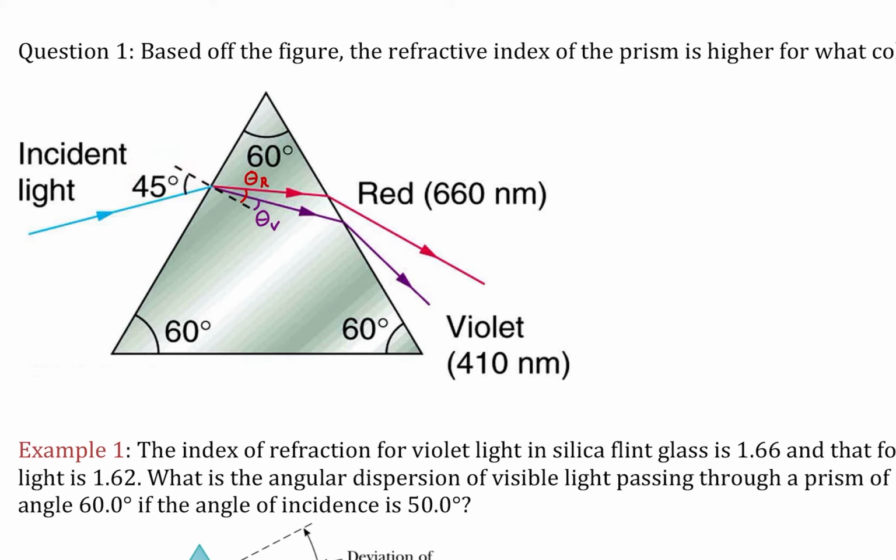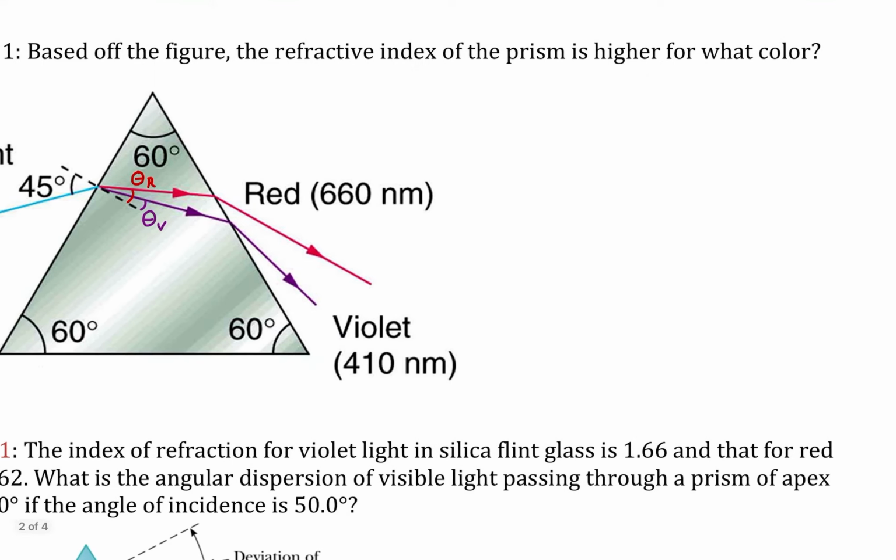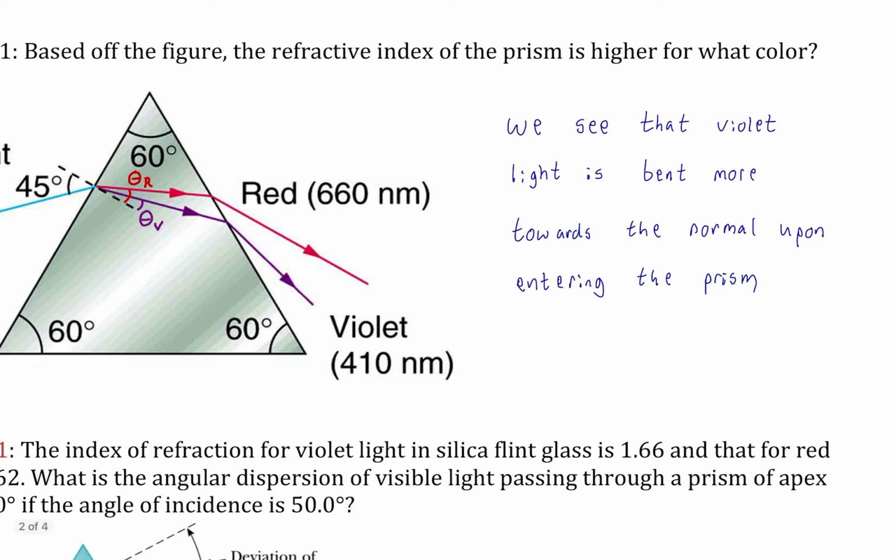So certainly the light should bend towards the normal, the normal being the dotted line. But the violet light bends more towards the normal. So what does that tell us? We see that the violet light is bent more towards the normal upon entering the prism. Thus, the index of refraction of the violet light must be greater, because greater index of refraction means greater bending. So that's it. We got our evidence: violet light.